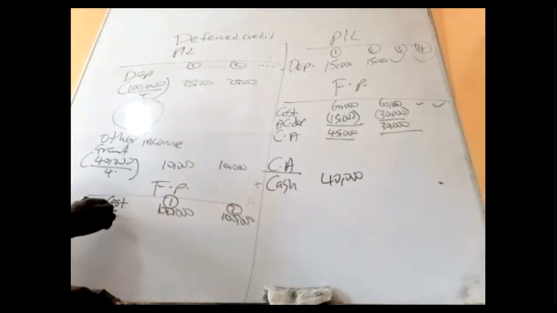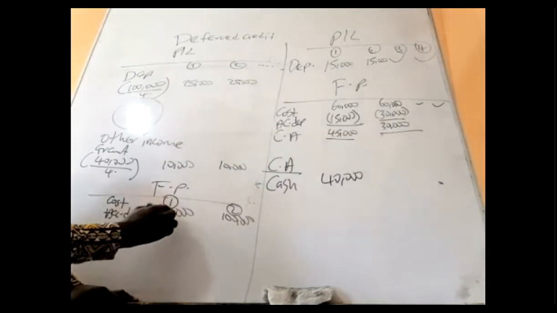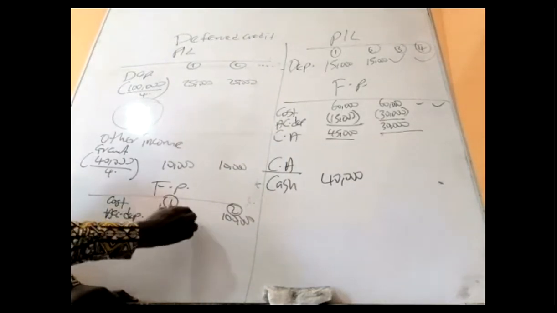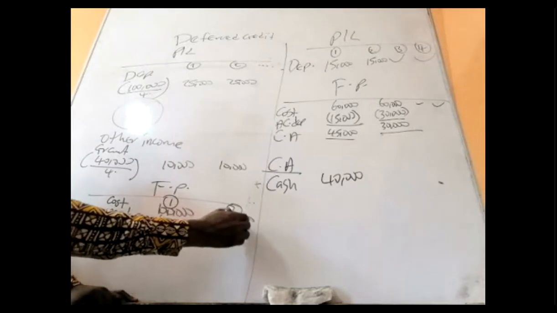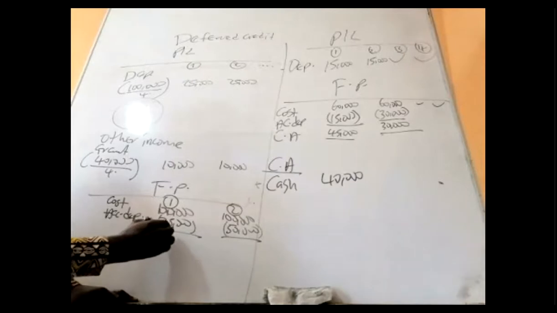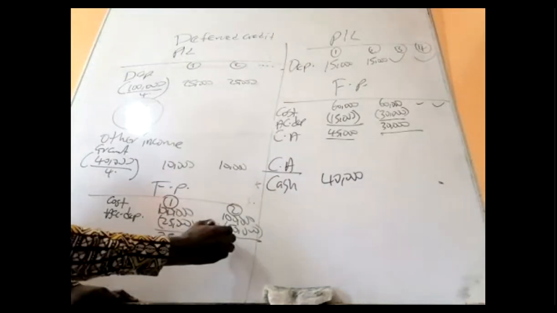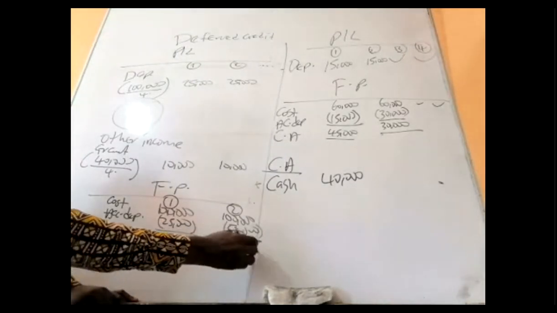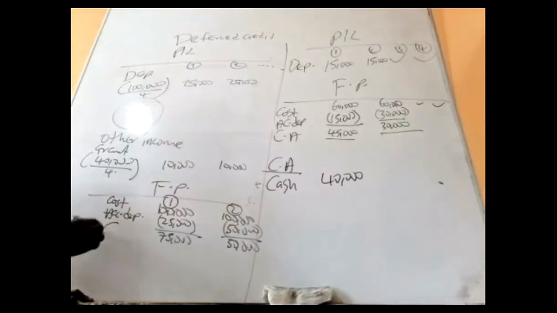Then accumulated depreciation, 25,000, and here 50,000. So this one gives us 75,000, and this one gives us 50,000. Okay, so that's the carrying amount.